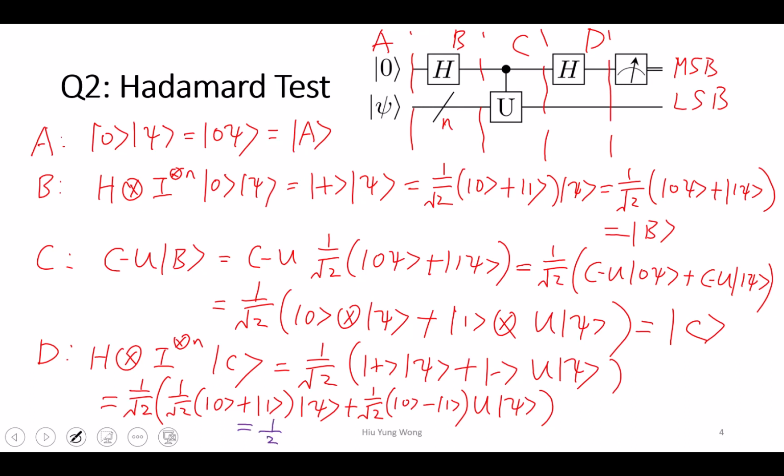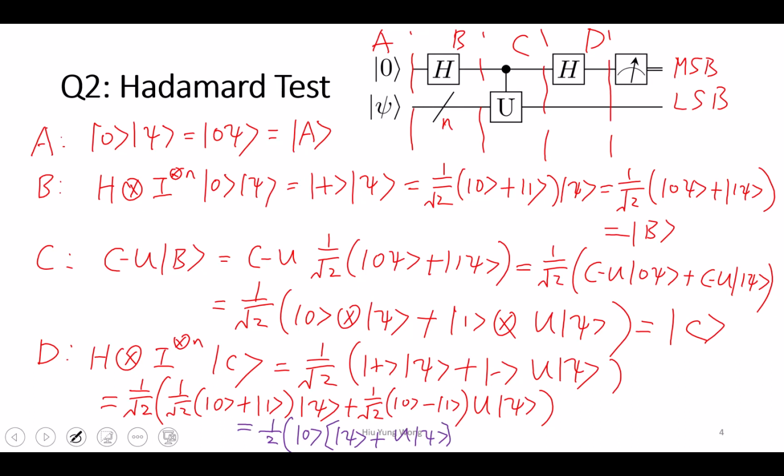So I just take this out. I'm going to collect the terms for 0 and 1, because later I'm going to do a measurement on the most significant bit. So I collect them, and then it becomes, let's look at this, I have 0 times psi and 0 times U psi, right? And I add them together. So I have 0 times the whole thing, psi plus U psi.